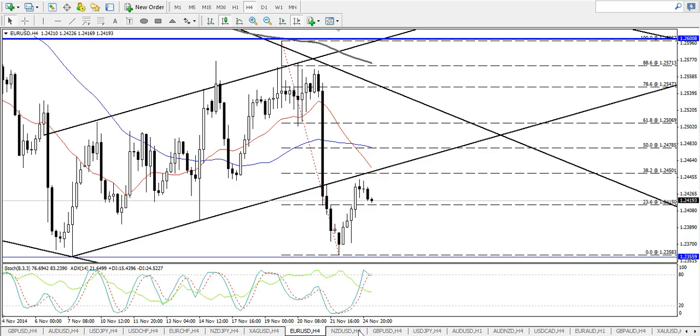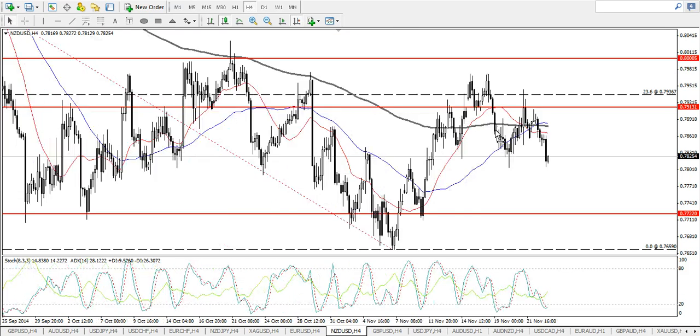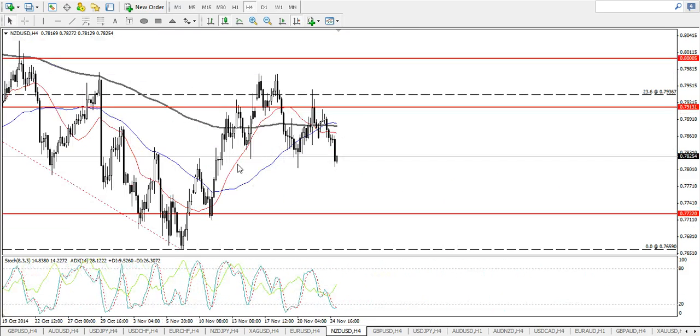Next, we shall take a look at the Kiwi against the US dollar. So the head and shoulder that I have mentioned in the previous video has finally formed. Let me just replot this formation again.